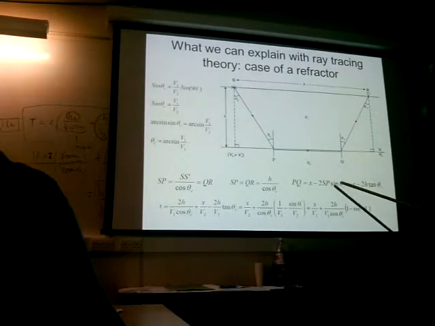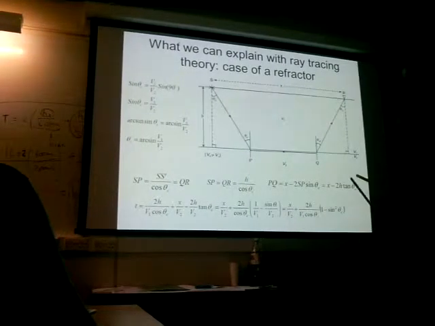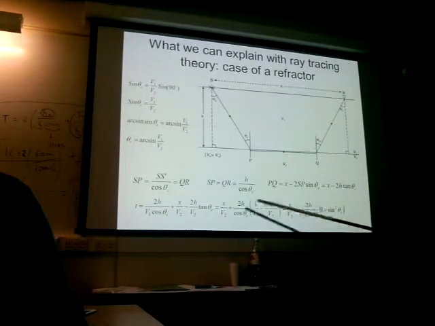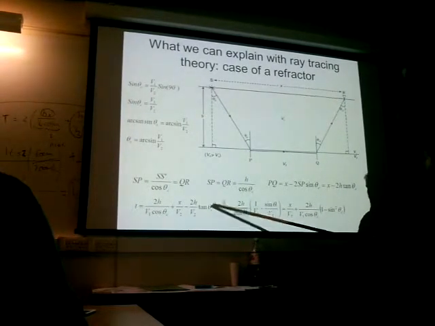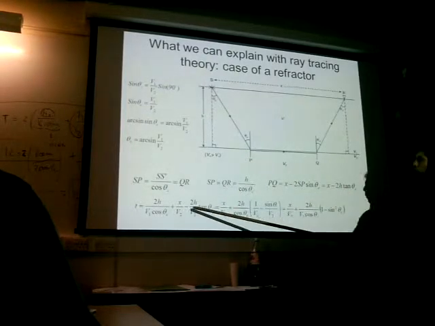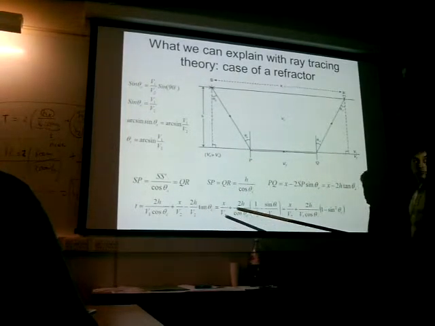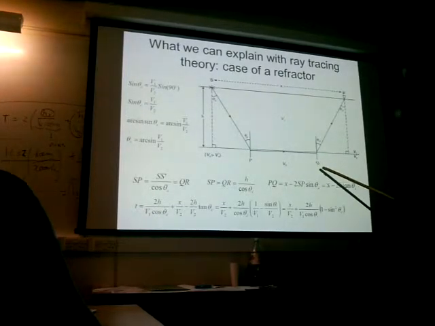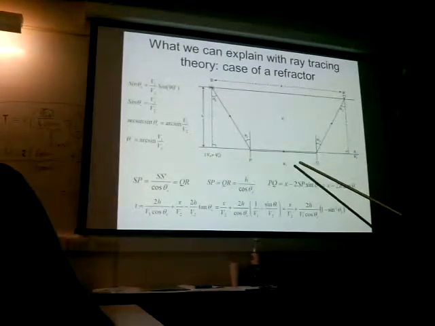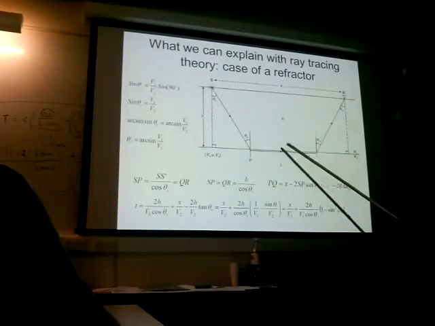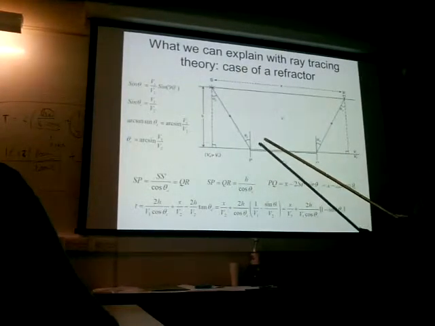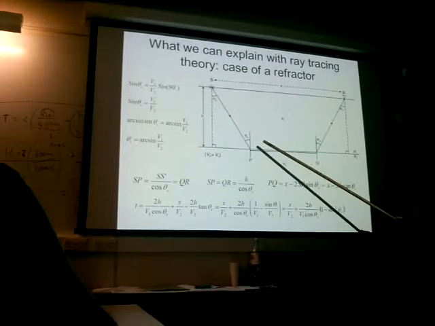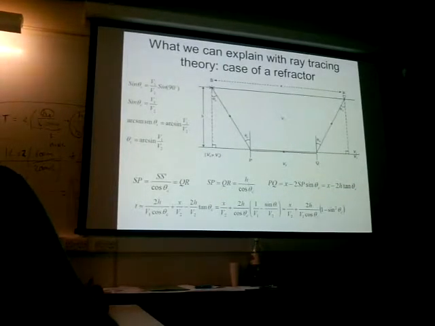That one is PQ, and that one is the piece, my x minus 2h multiplied by the tangent of the critical angle, divided by velocity 2. So it is traveling at the velocity of the highest layer. Remember, if velocity 2 is not bigger than velocity 1, you are never going to get that ray. It doesn't exist. Snell's law tells us it doesn't produce any refracted ray.